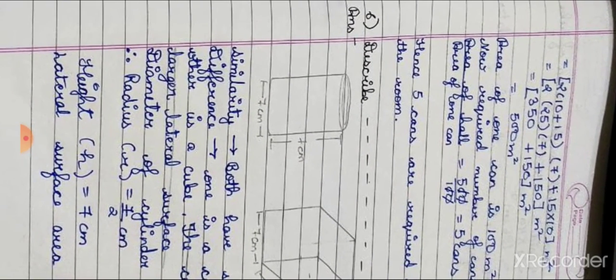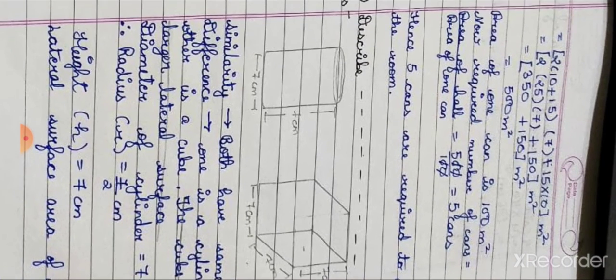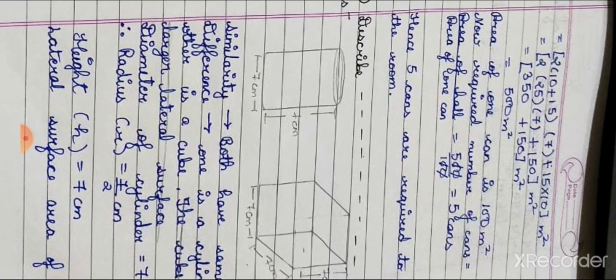After substituting values from the question we have 500 meter square, and it is the area of the room. Now we have to calculate required number of cans. For this we divide area of hall by area painted by 1 can. So our answer is 500 divided by 100 and it is 5 cans.